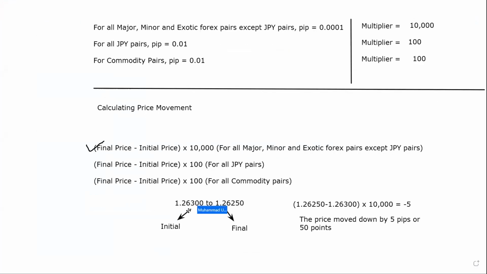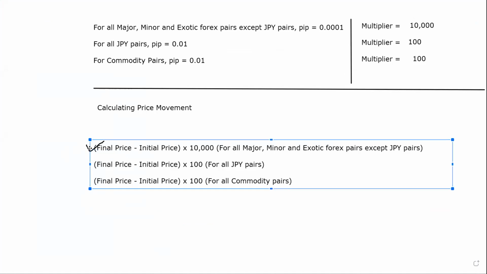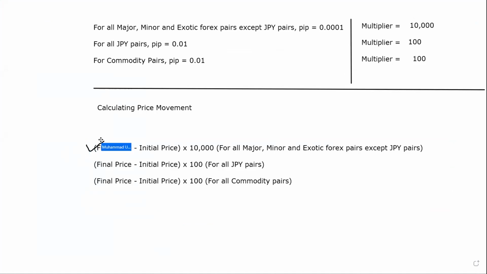Let me remove everything now. And this value corresponds to which exchange rate? USD JPY, because this corresponds to this exchange rate.